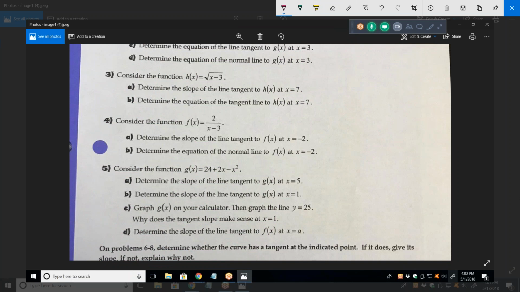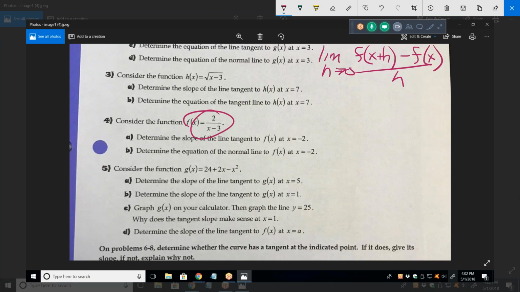In other words, the limit as h goes to 0 of f of x plus h minus f of x all over h. That always gives you the function that is the first derivative function. So let's try it on this one.